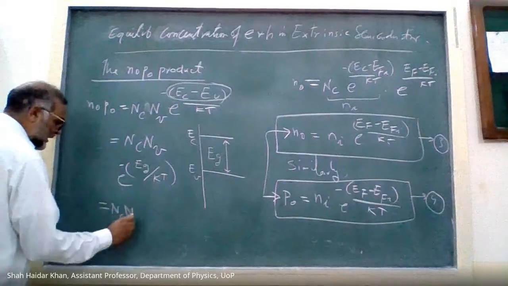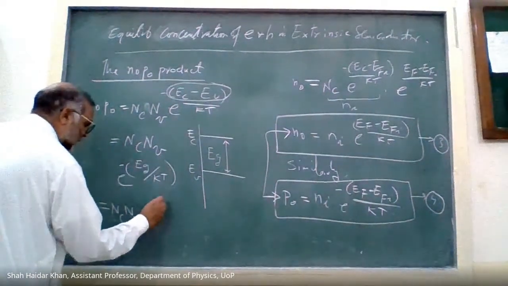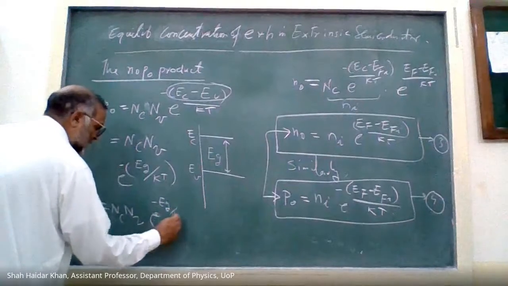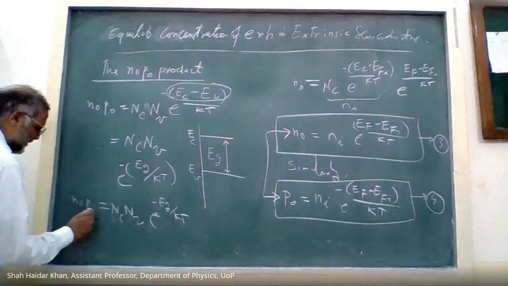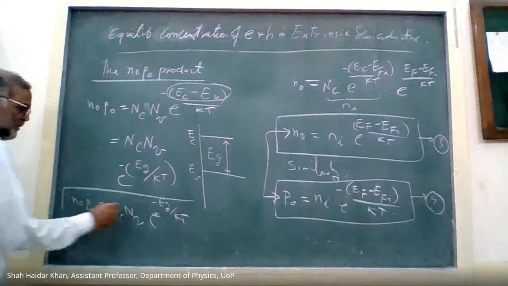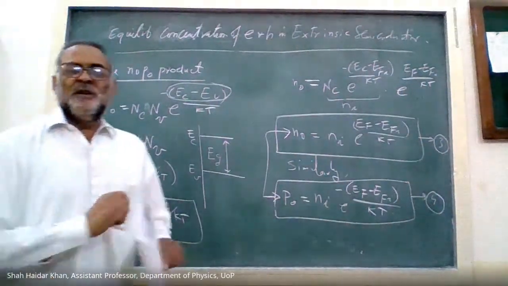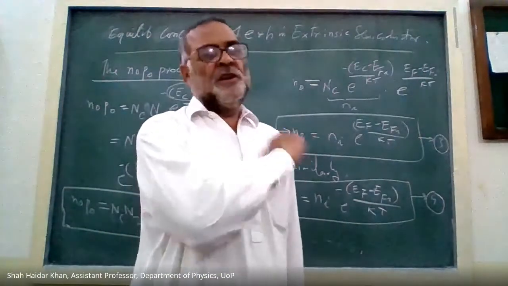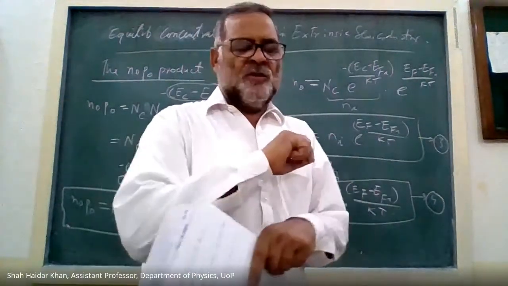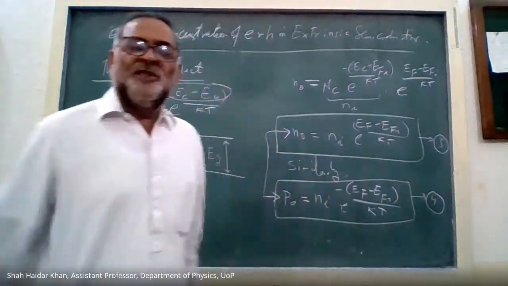NC NV e to the power minus EG over KT is N naught P naught. Remember, it is now extrinsic. आप जितना भी चाहे, you just increase the donor impurities, you increase the concentration of impurities. Sorry, the acceptor impurities. There will be no change in this product.